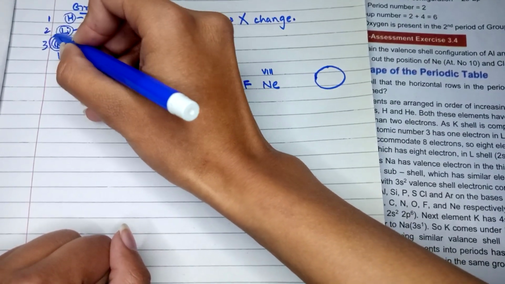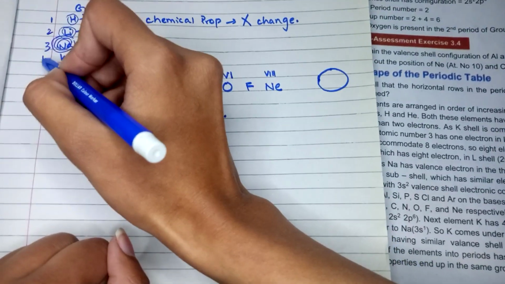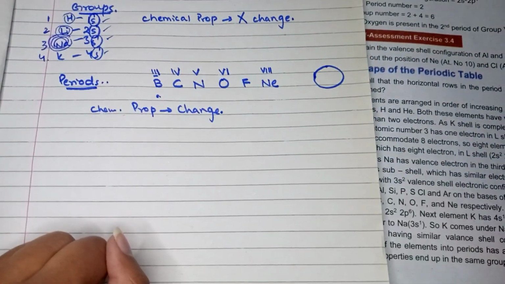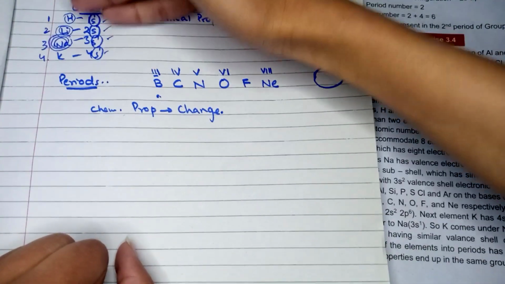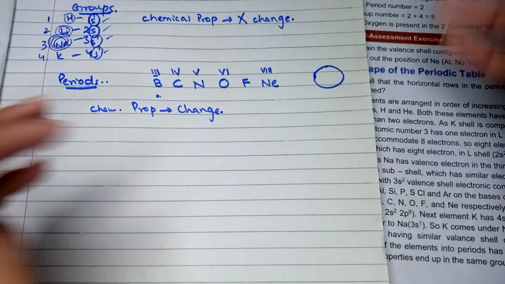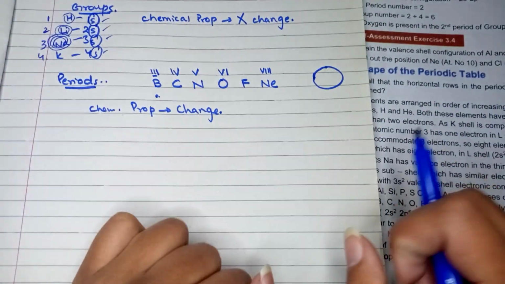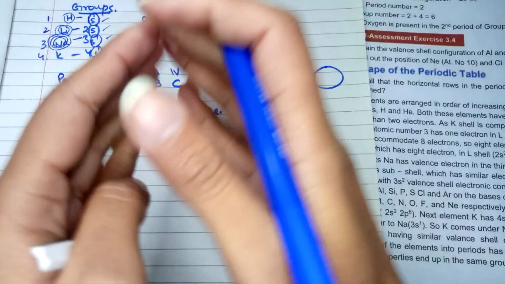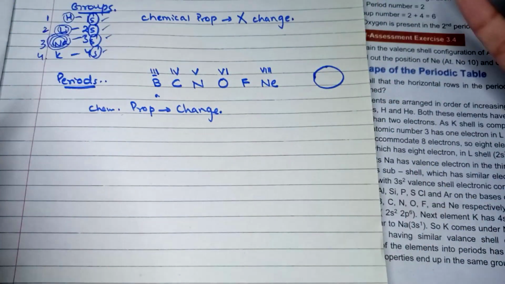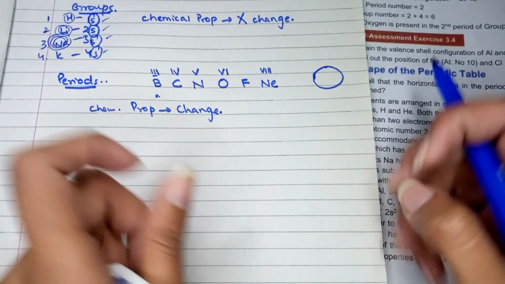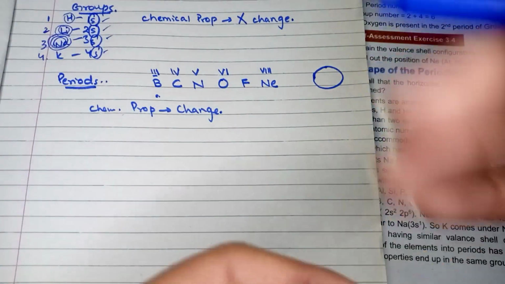It is getting a bit messy here, but I hope you're getting it. As we move from top to bottom, the number of shells increases, so the size of the atom also increases.